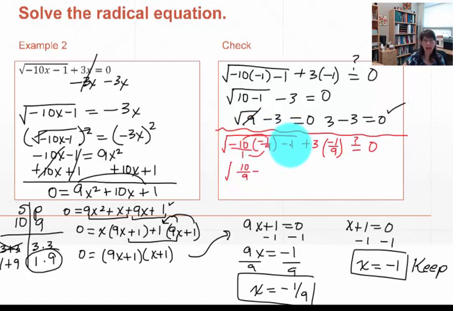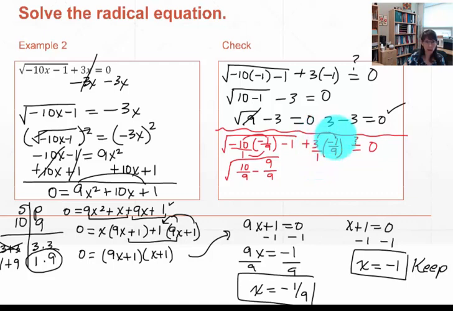Now, how could we rewrite minus 1 so that it's written with ninths? How many ninths are the same thing as 1? Well, that would be 9/9. So that's what we have under the radical. Now that doesn't look so bad. Outside of the radical, addition of 3 times negative 1/9. So maybe think of that as 3 over 1.